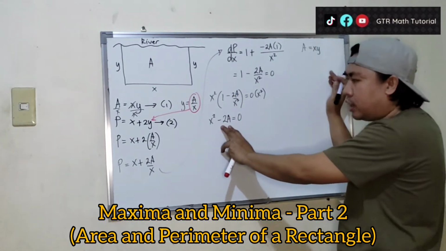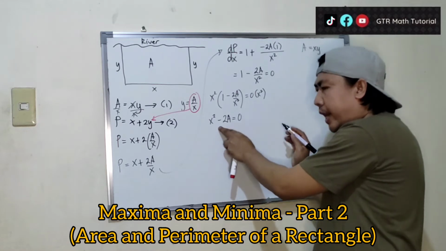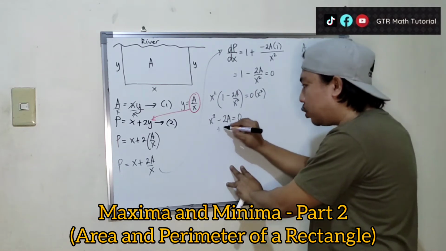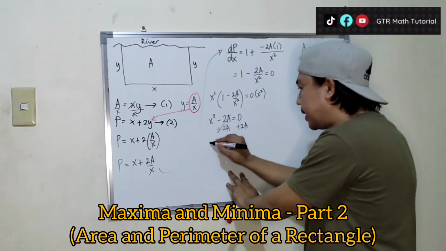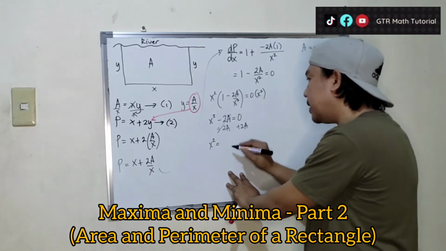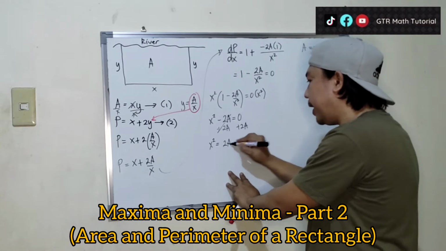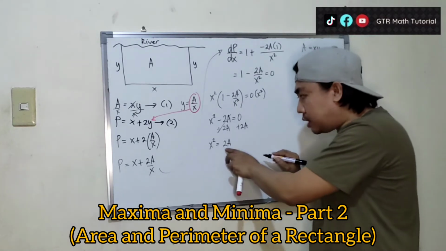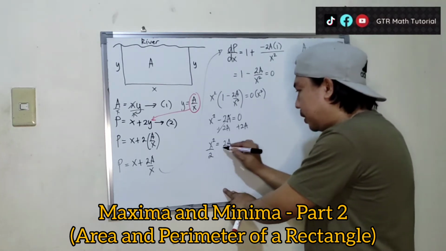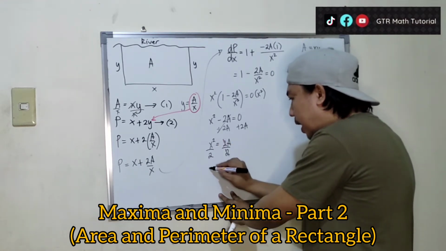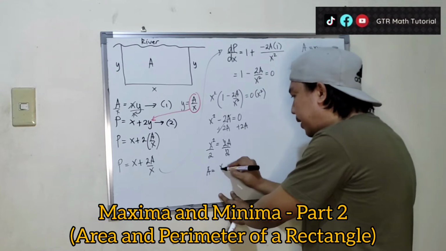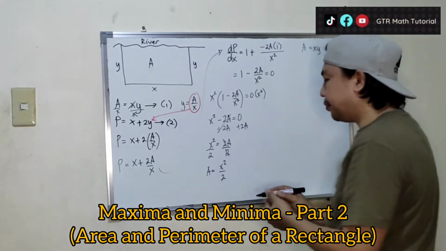So solve for a, so therefore we have to put 2a to the other side of the equation by adding 2a to both sides so that this will be cancelled out. We have x squared equals 0 plus 2a is equal to 2a. Then divide both sides by 2. Therefore, a is equal to x squared over 2.